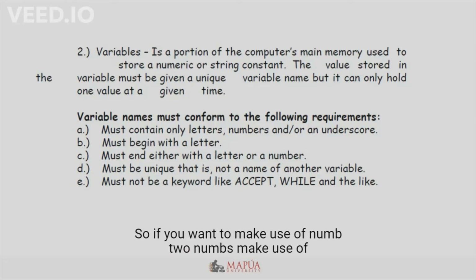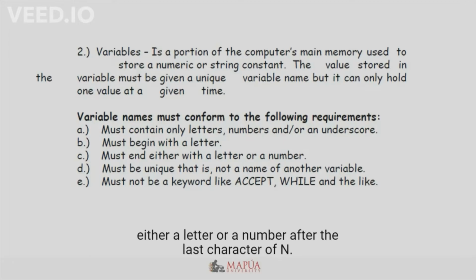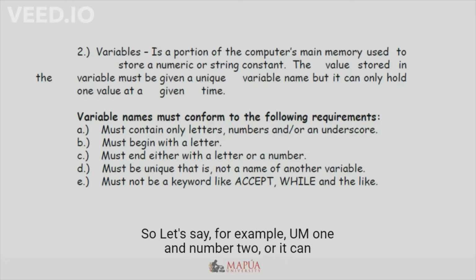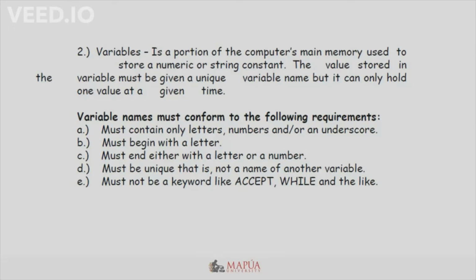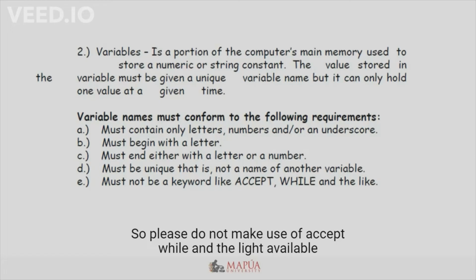If you want to make use of num, num, use either a letter or a number after the last character of num. For example, num1 and num2, or numA and numB to make them unique. And it must not be a keyword. A keyword, like in pseudocode, we use the word accept. So please do not make use of accept, while, and the like.